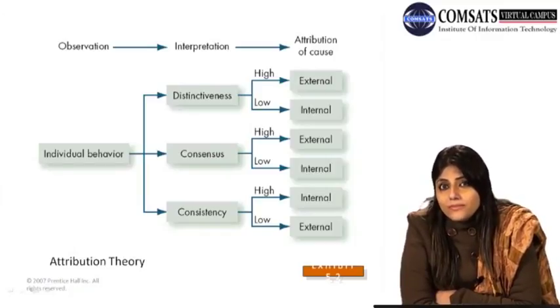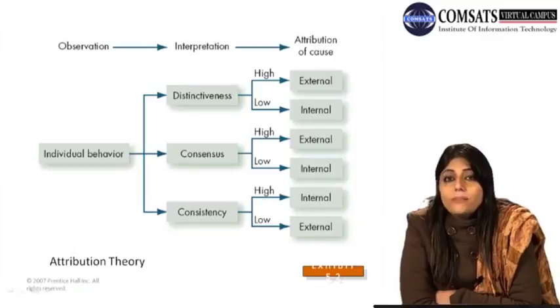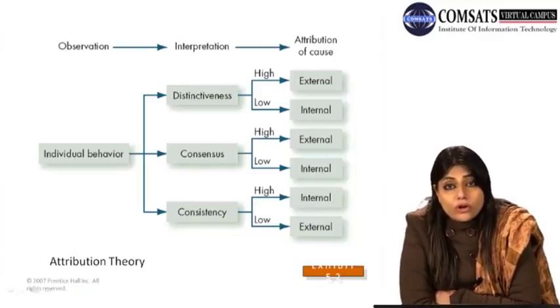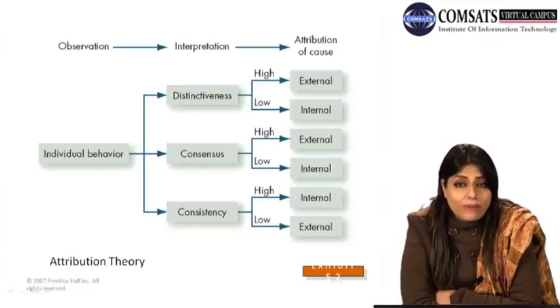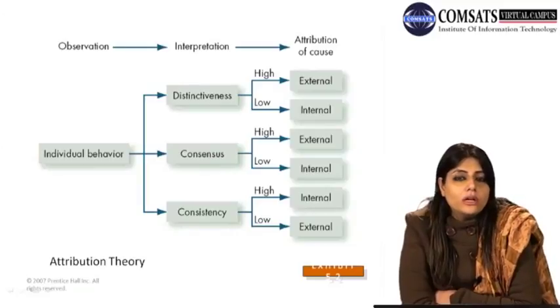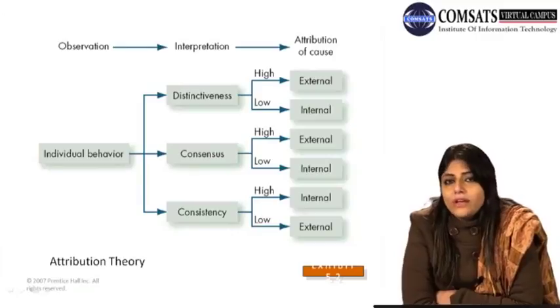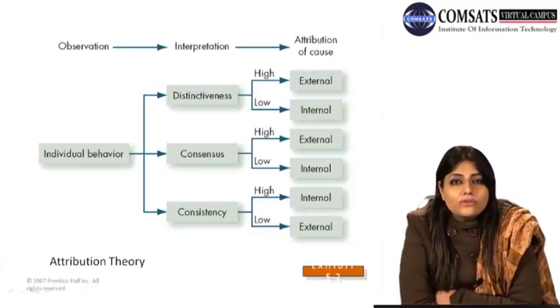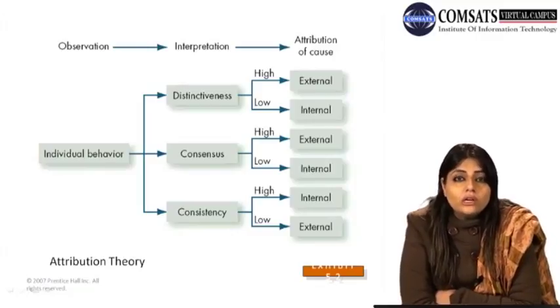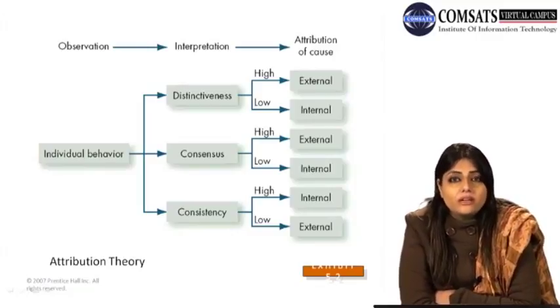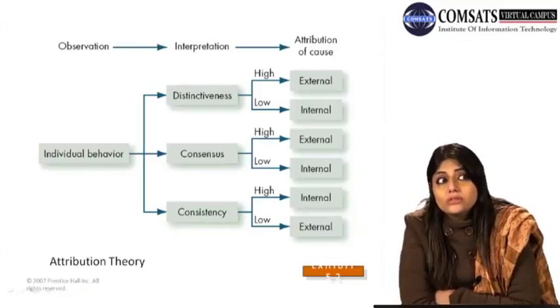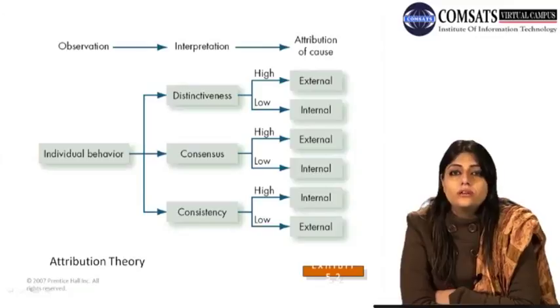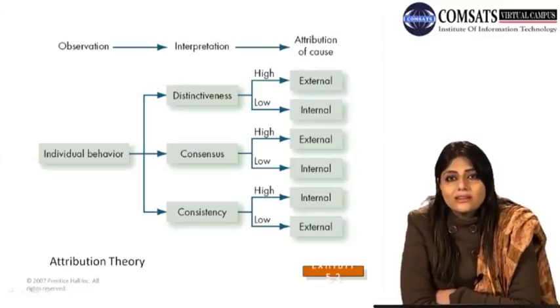So you would quickly tend to see the past record of the individual. It would quickly come to your mind, right? If the individual frequently says that he was late because he was stuck in traffic, then you would say that, okay, he is habitual of doing this, it's not a distinct behavior, and you would relate his reasoning with the internal factors, which means that you would perceive that he himself is actually responsible, but not the external environment.